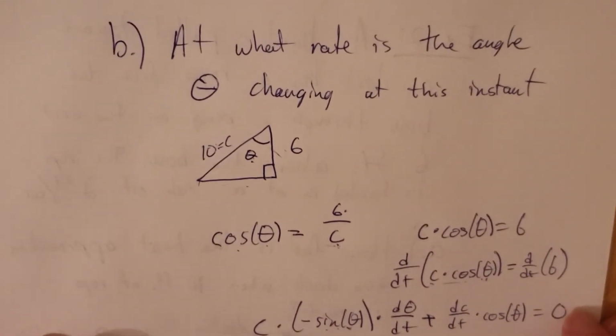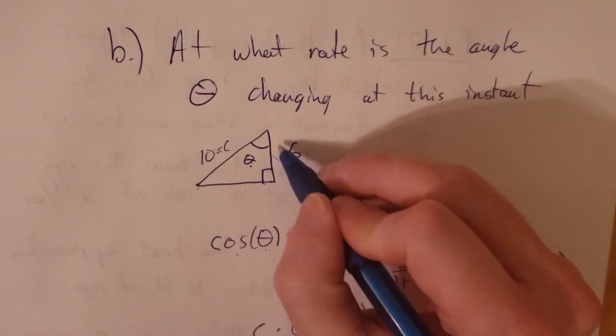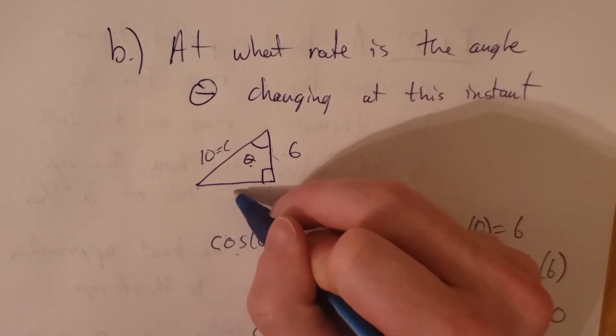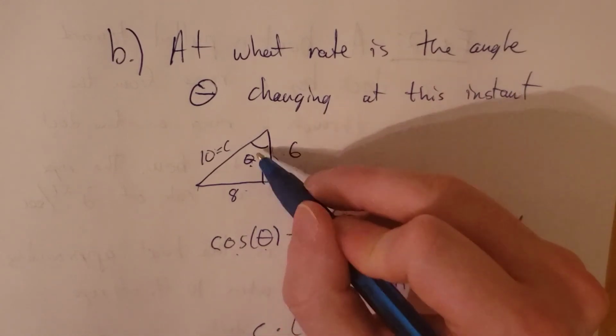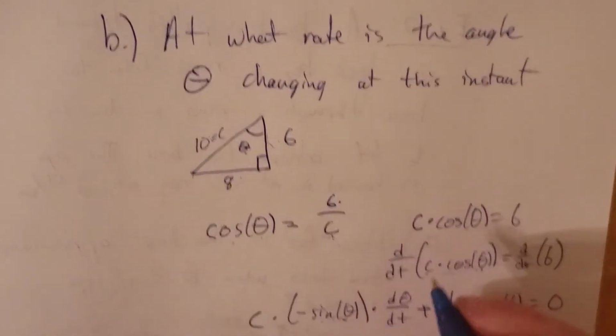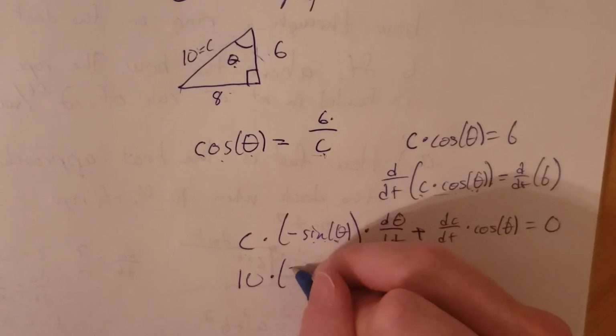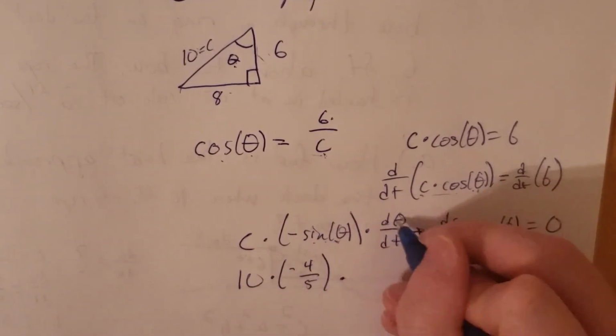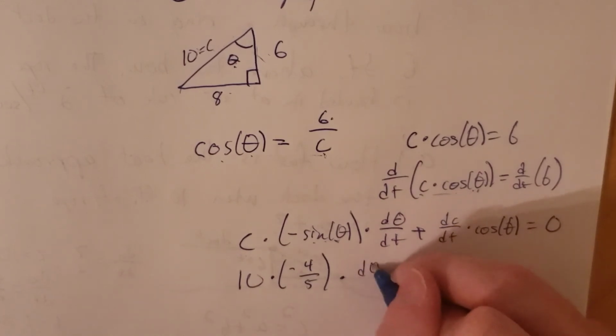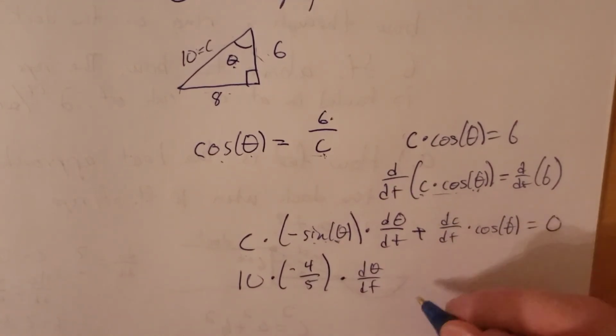Recall that at this instant, the adjacent side is 6, the opposite side is 8, and the hypotenuse is 10. So sine of theta at this instant is 8 over 10, or in other words, 4/5. So we get negative 4/5 here because it's negative sine of theta, times d theta/dt. D theta/dt is what we're solving for, so we don't know that yet.